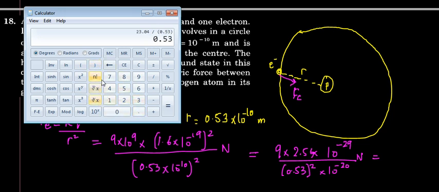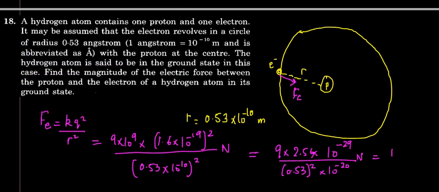You take the square and you get approximately 82. This is 82 into 10 to the power of minus 9 newtons, which in scientific form we could write as 8.2 into 10 to the power of minus 8 newtons. This one was a very simple question.